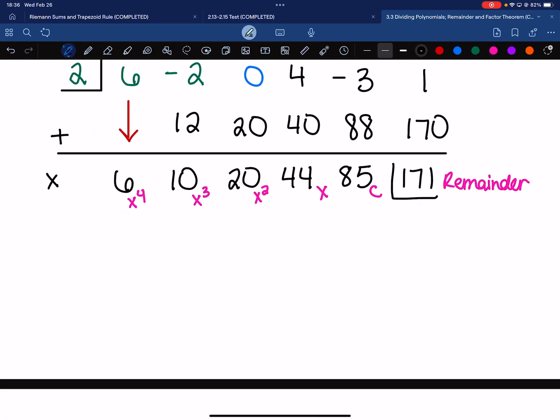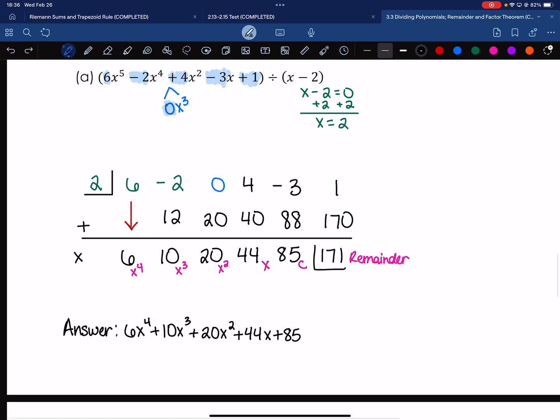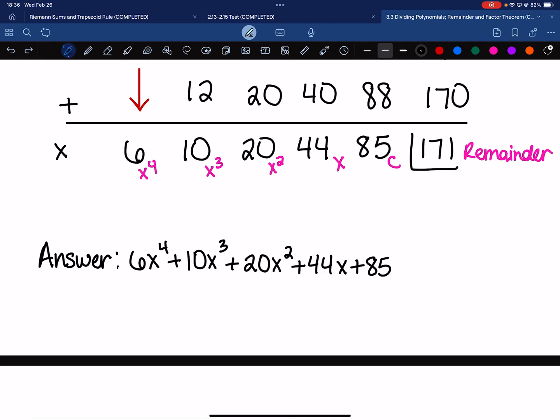So your answer is 6x to the 4th plus 10x to the 3rd plus 20x to the 2nd plus 44x plus 85. It said Q and R. That's your answer. That's your Q of X answer.